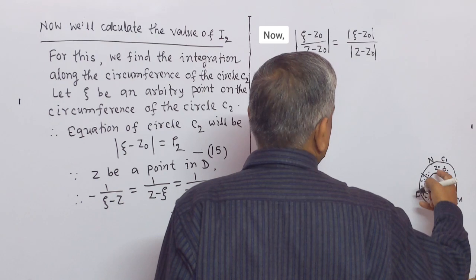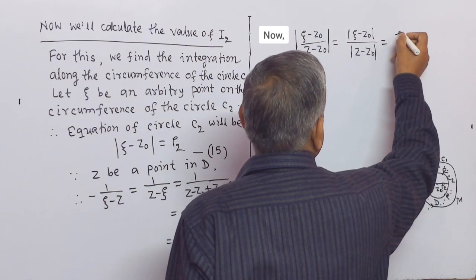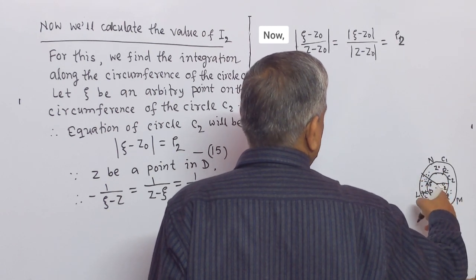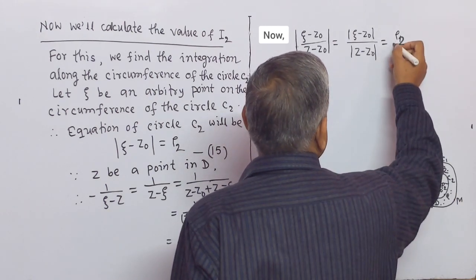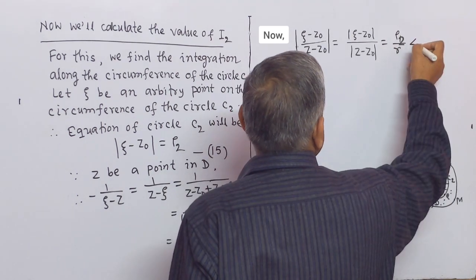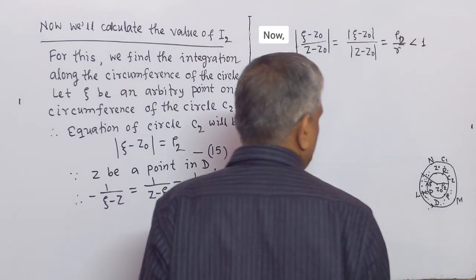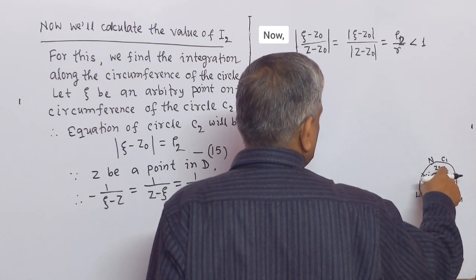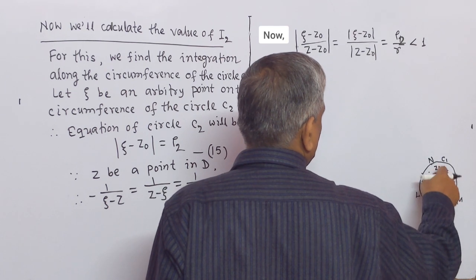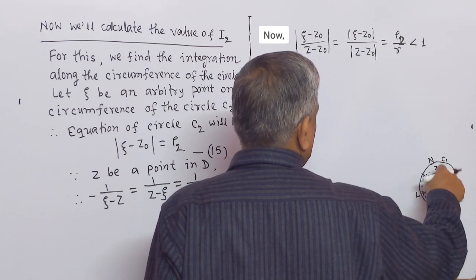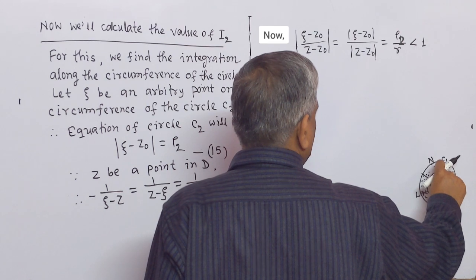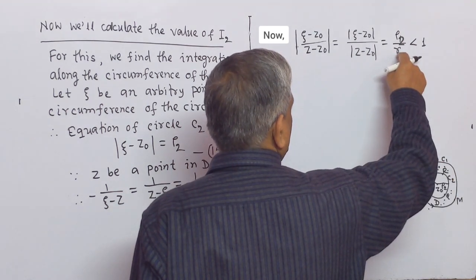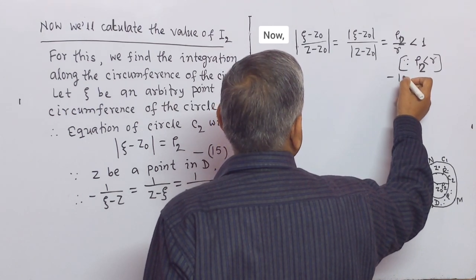So modulus of xi minus z naught equals rho 2 and modulus of z minus z naught is r. This is less than 1 because z is outside the circle C2, so this distance will be larger than the radius of the circle C2, which is rho 2. Let this be number 17.